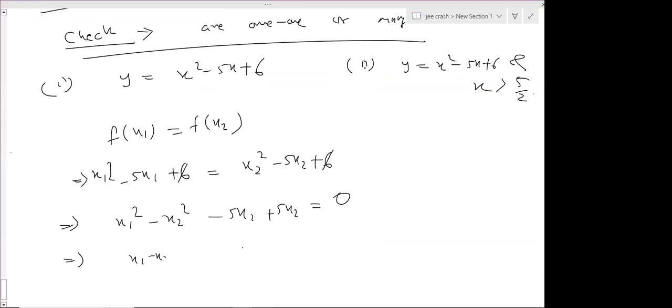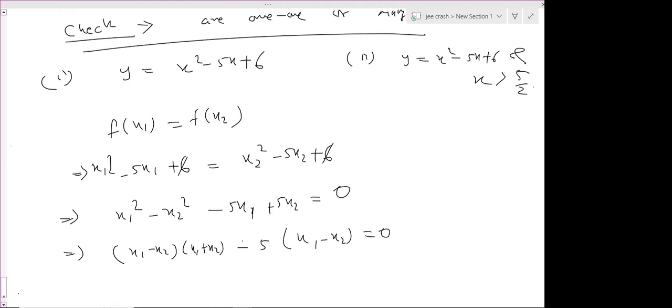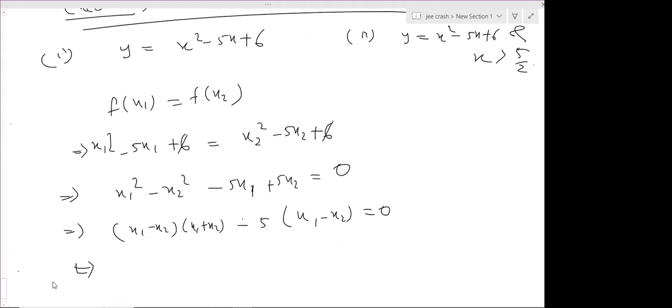So this is x1 minus x2, x1 plus x2 minus 5 taking common. x1 minus x2 equals 0, so x1 minus x2 times x1 plus x2 minus 5 equals 0. So from here I can say either x1 equals x2 or x1 plus x2 minus 5 equals 0.